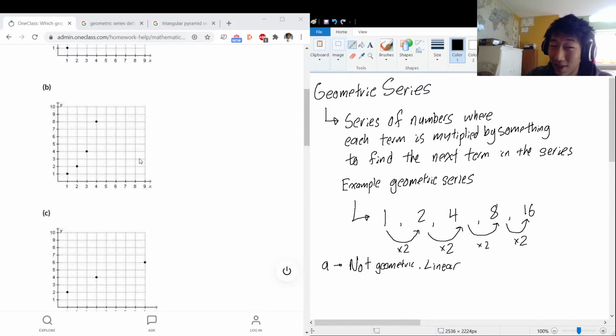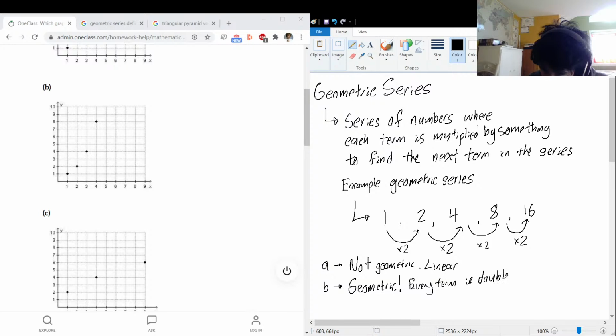I promise I didn't look at this before and use it as the example, but this really does follow our pattern. Every time we divide the current term by the previous term, we always get 2. So B is geometric. Every term is double the previous.